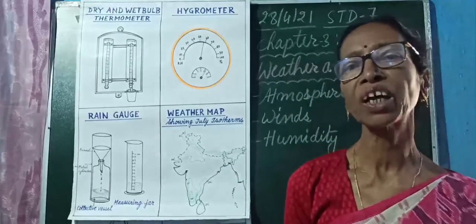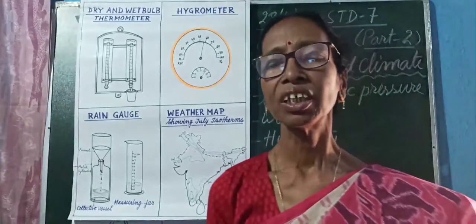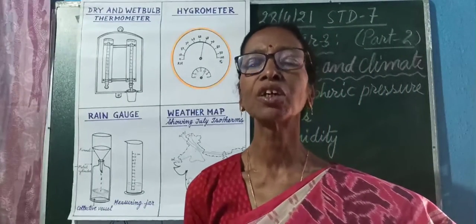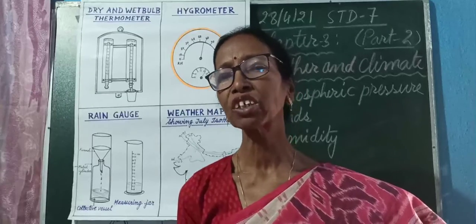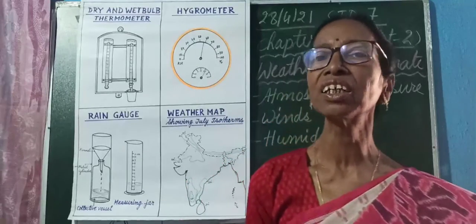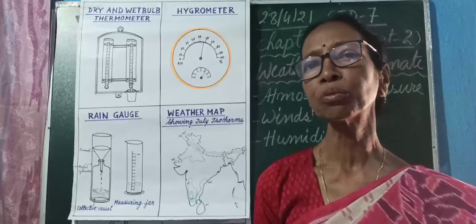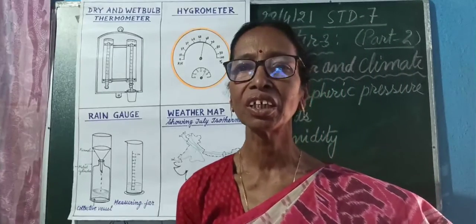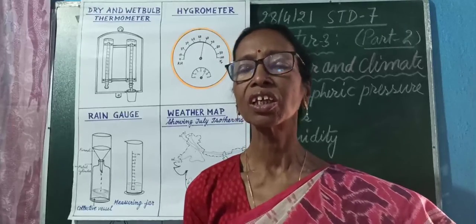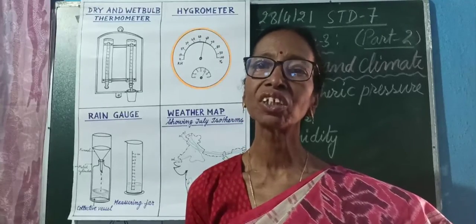And what do you mean by relative humidity? It is the ratio between the absolute humidity and the maximum water vapor the air can contain at the same temperature, and it is expressed in percentage.